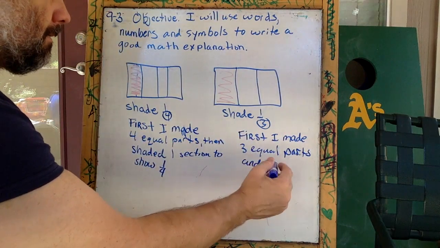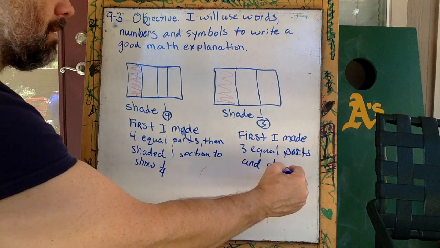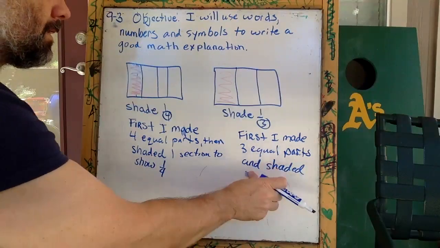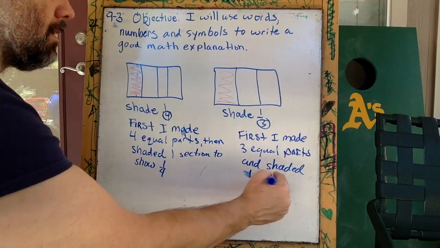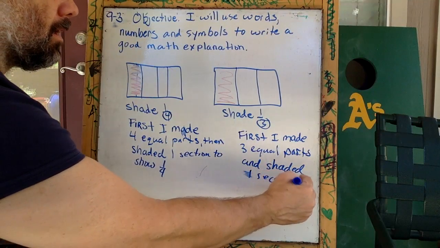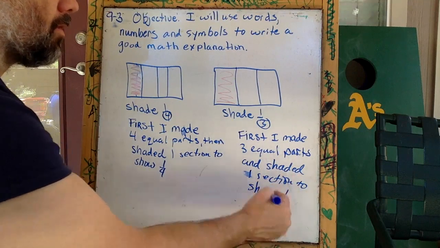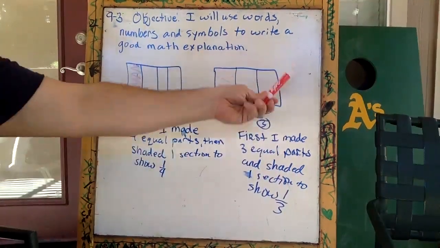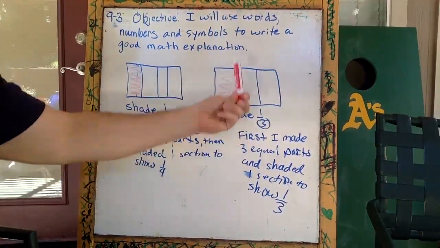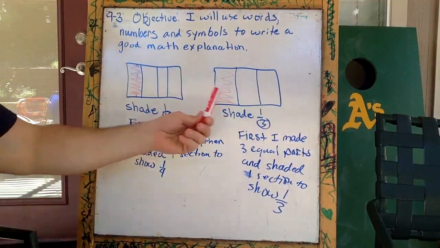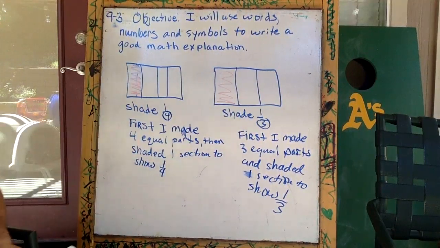And shaded one section to show 1/3 of the whole. Just remember, this is one whole, but divided into 3 sections or 3 parts, right? So we can show that with pictures.